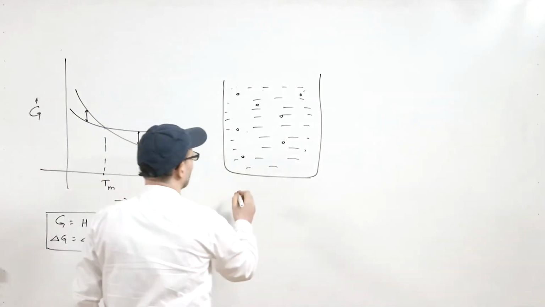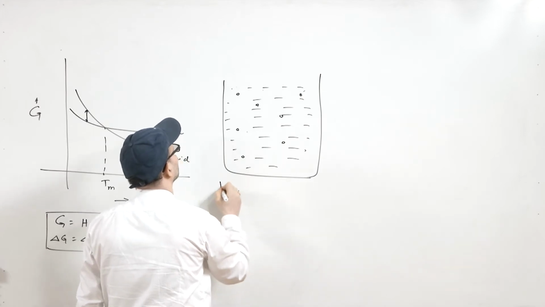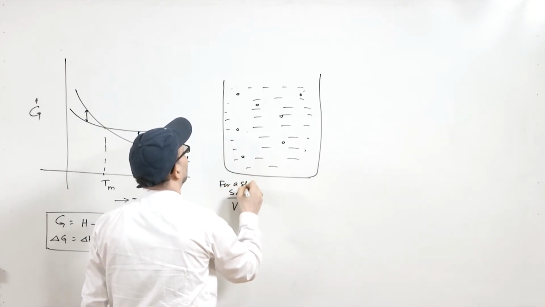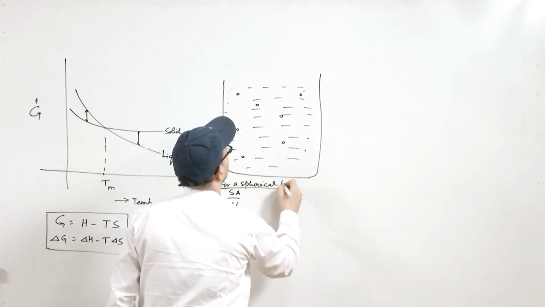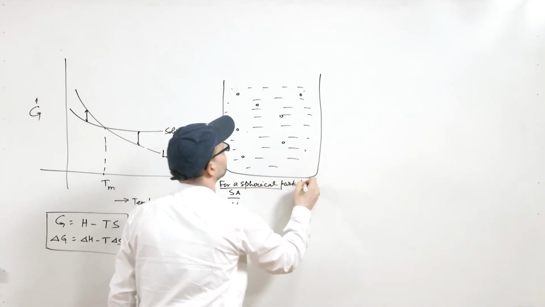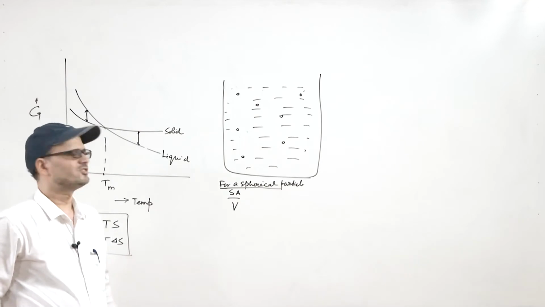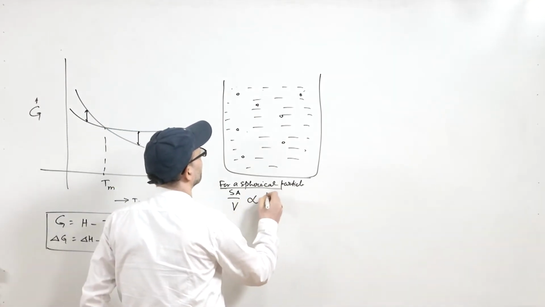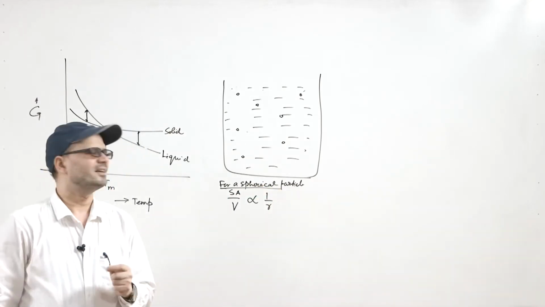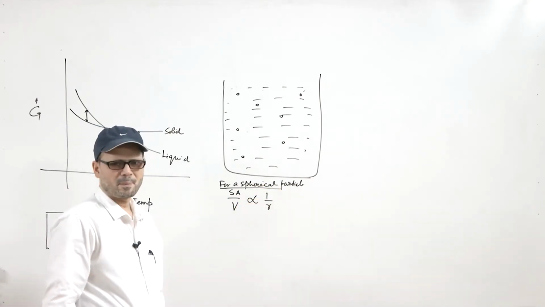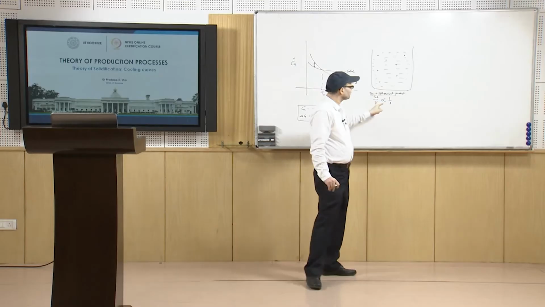Now if you assume a spherical particle is going to originate, and look at surface area by volume, it will be proportional to 1 by r, where r is the radius. As r is very small, it tends towards infinity.